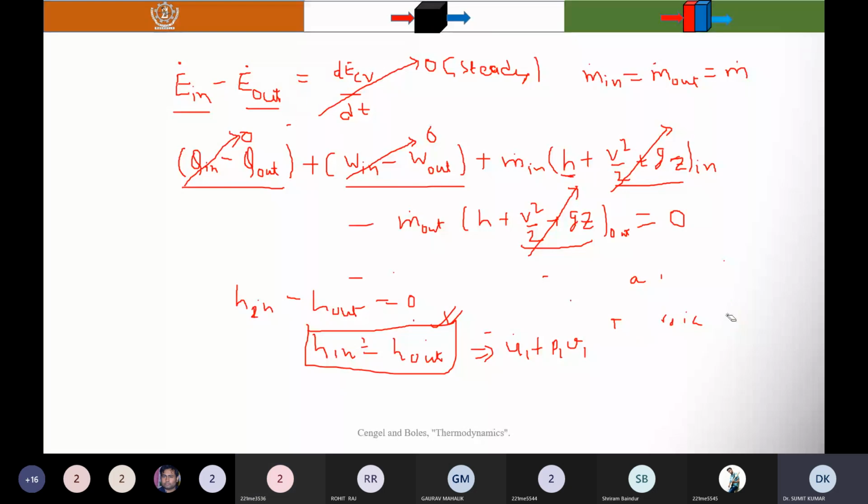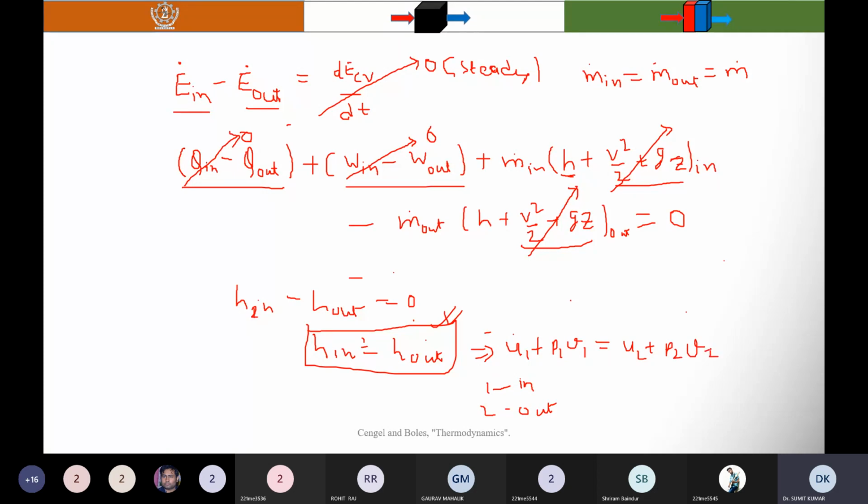Here you can see these things I already discussed in the last lecture. Here is the isenthalpic process, so H in is equal to H out. Here I just wrote 1 and 2. You can remember that 1 represents the inlet and 2 represents the outlet. So U1 plus P1 V1 is equal to U2 plus P2 V2.